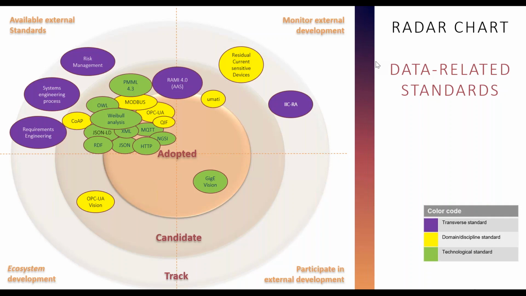They are classified according to their category, which you can see on the table on the right side at the bottom of the page. So we have transverse, domain, and technological standards, and this is the mapping that you can then analyze in more detail.